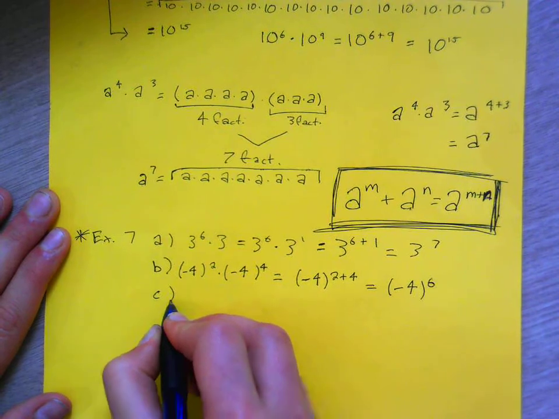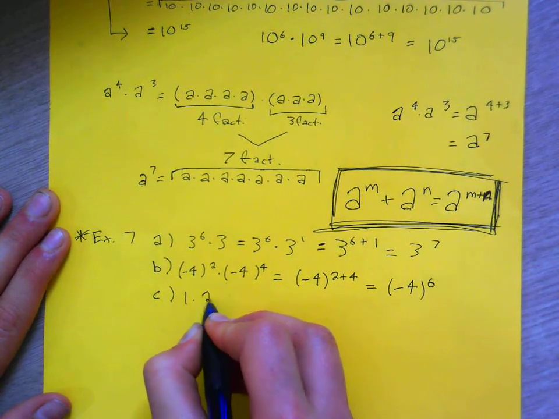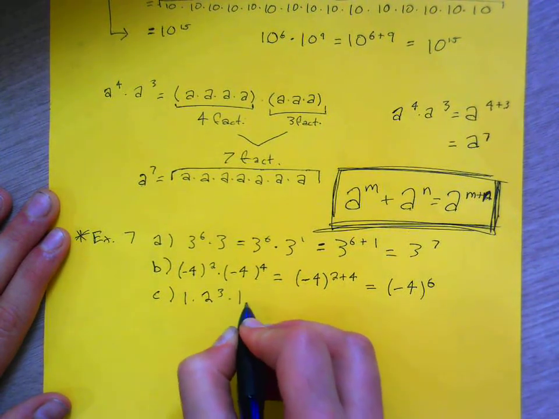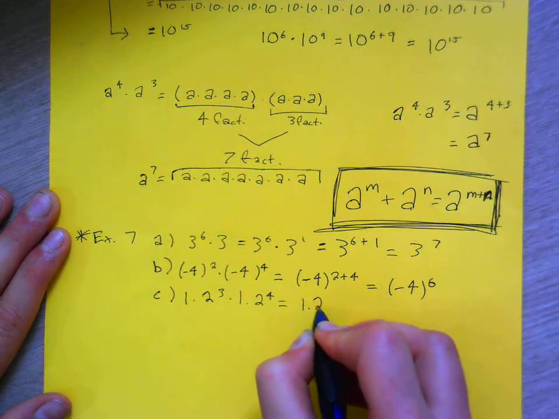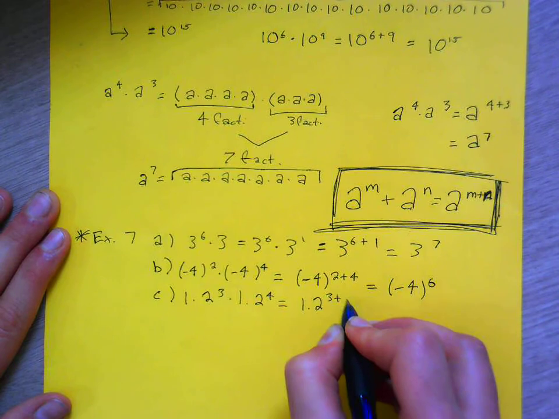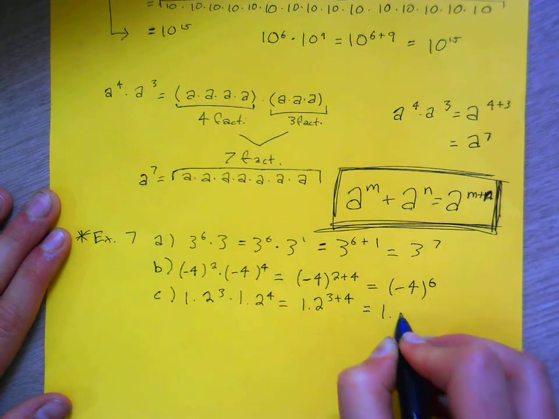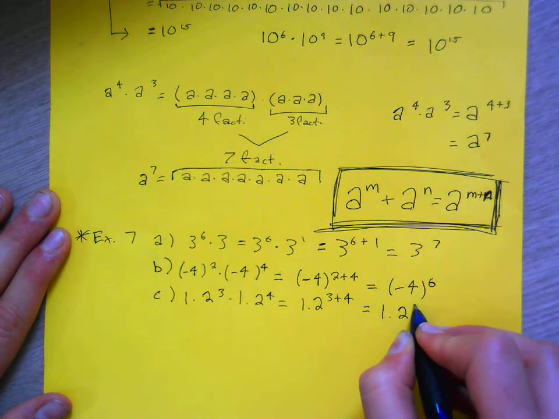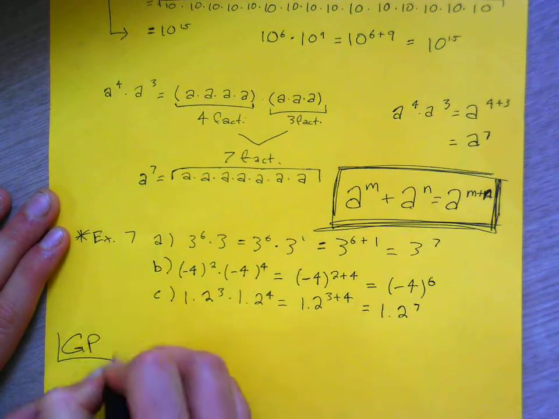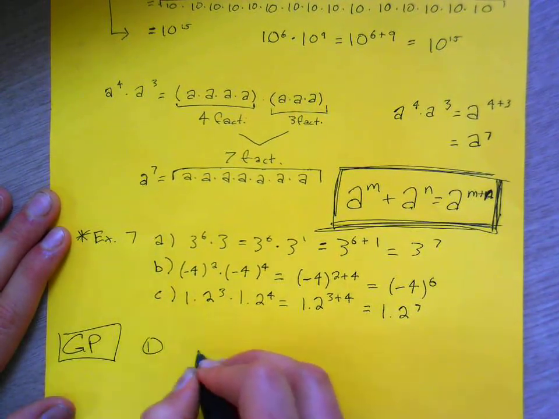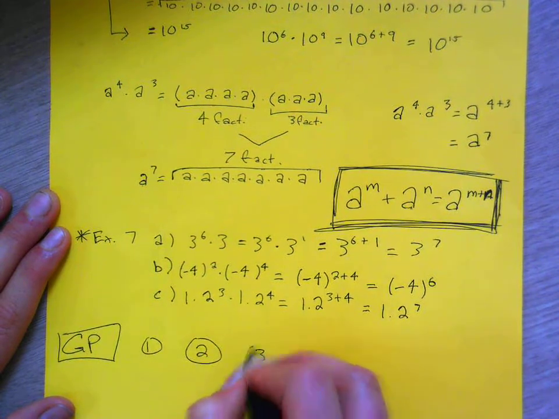Let's try C. 1.2 to the power of 3 times 1.2 to the power of 4. We simply need to add together 3 plus 4 equals 1.2 to the power of 7. Go ahead and pause to try guided practice 1, 2, and 3.